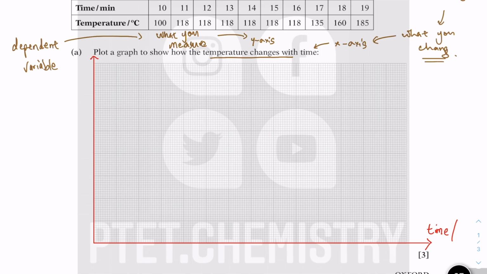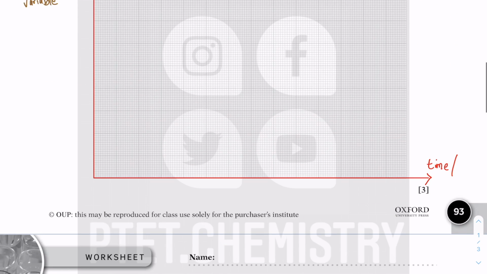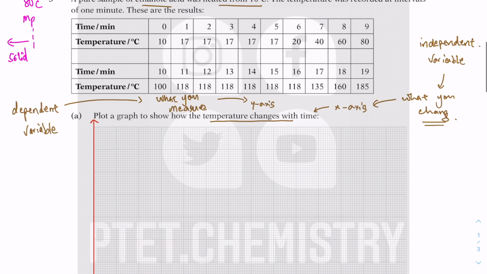You've got to have a stroke for the unit, time stroke minute. Any graph you draw, you've got to label the axes: the quantity, and then the unit. Very important in biology and physics as well. Then on the y-axis you have temperature. Do not try to abbreviate things, because you might get it wrong. Don't forget the unit. It is a very good scientific habit to have.